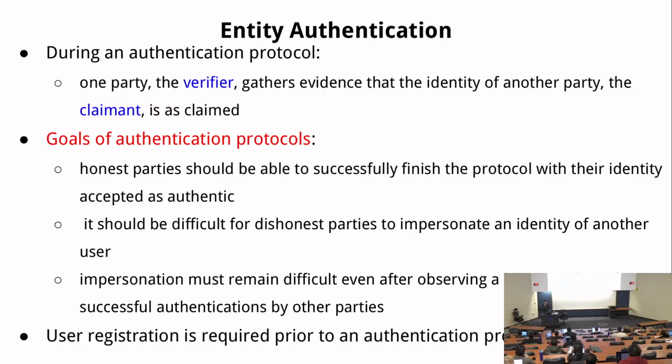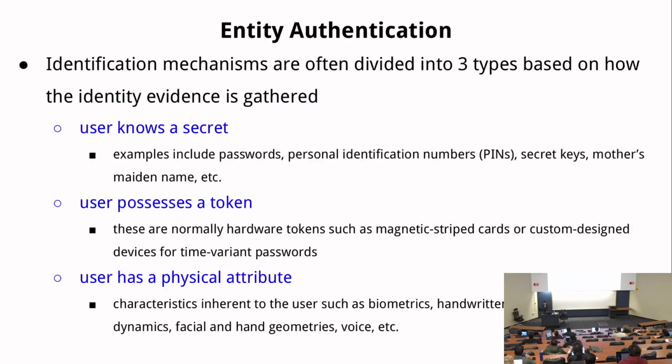A lot of authentications actually require a step called user registration. For you to log in to your computer, you first set up your account and set up a password. That is a user registration step. A lot of authentication requires that. Right now, there are three types of authentication, sometimes called identification mechanisms.